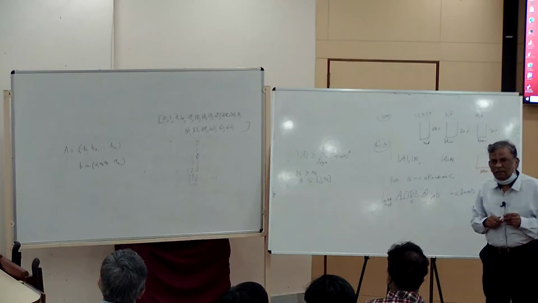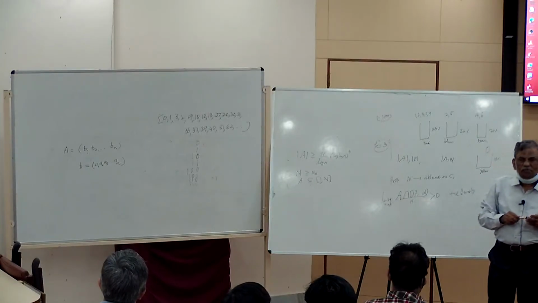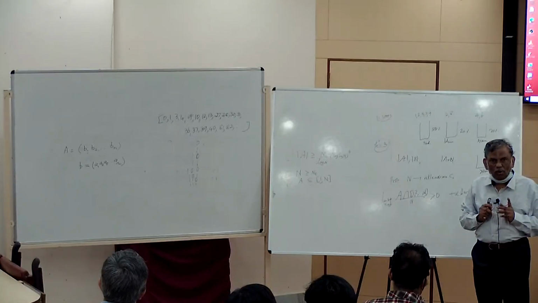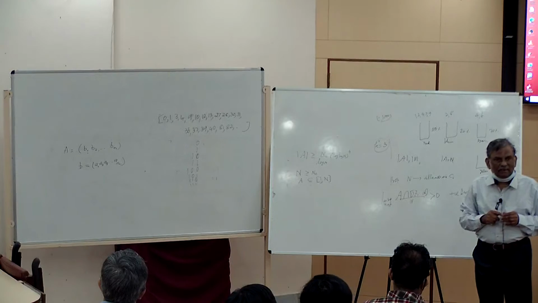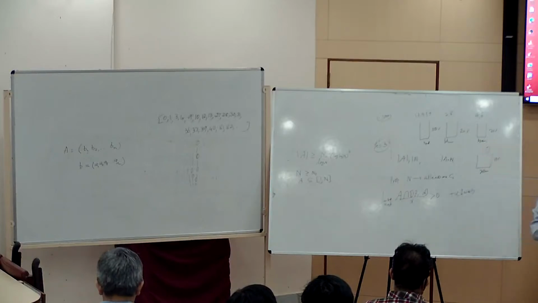Okay. Then can you say that if I take such numbers which have only 0 and 1 in base 3, and avoid 2, then we can prove that such a set does not have a 3-term arithmetic progression? The set does not have 3-term arithmetic progression.